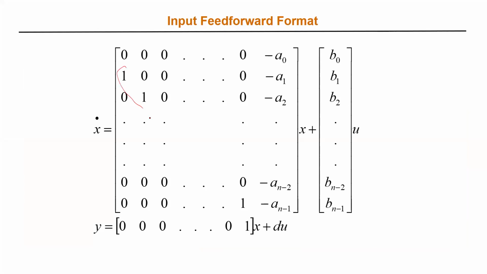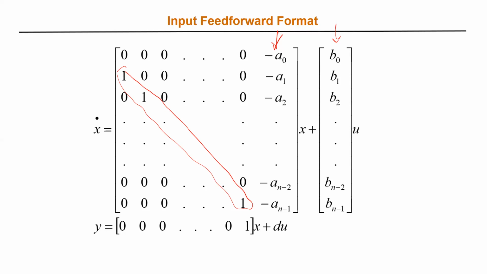As I said, the lower diagonal is ones, and the last column is going to be the coefficients of the denominator. The B matrix represents the numerator, and this is your Y.